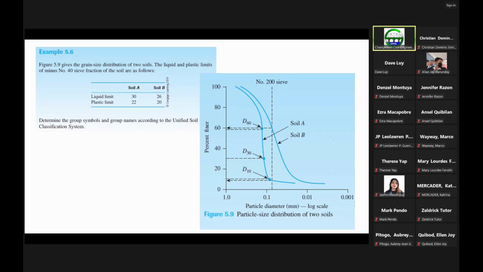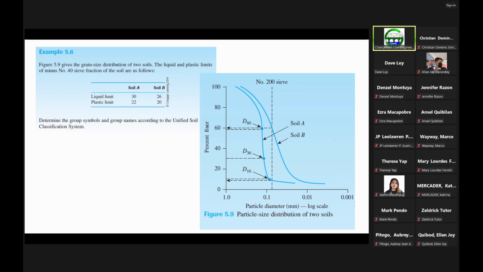Now, in this problem, in figure 5.9, it's giving you the grain size distribution of the two soils, and the liquid and plastic limits of the minus number 40 fraction of the soil.